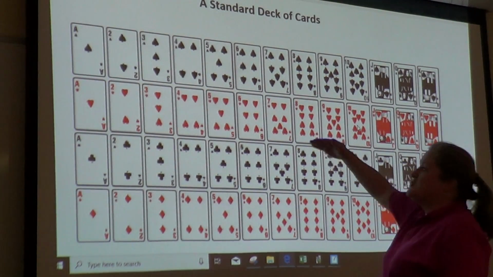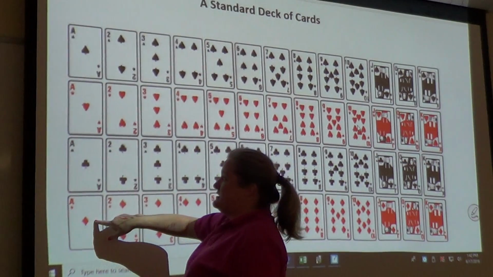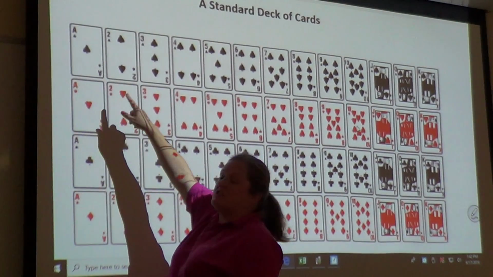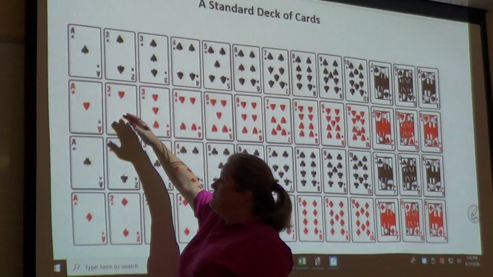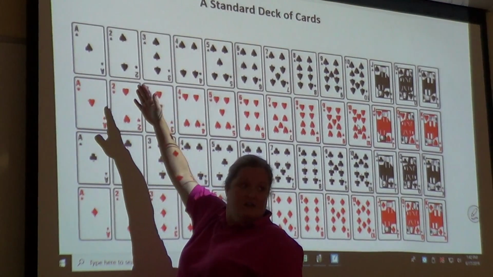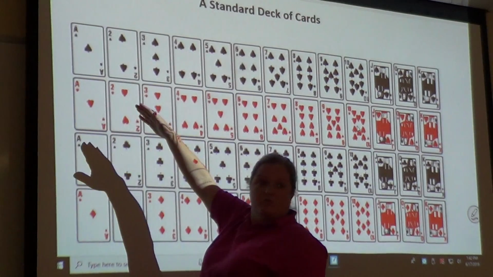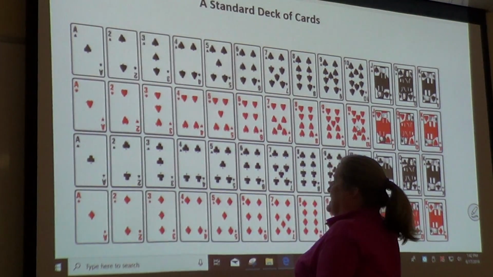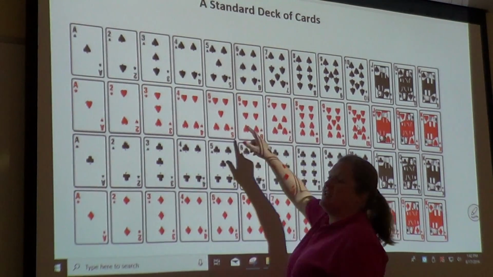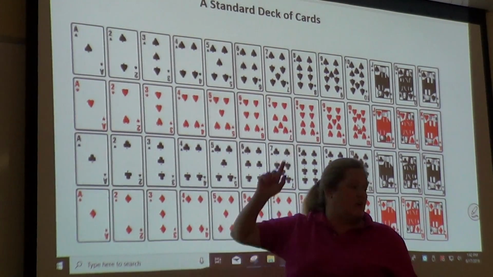It has 4 suits. There's diamonds, clubs, hearts, and spades. Diamonds and hearts are red. Clubs and spades are black. So half of the cards are red, half of the cards are black. There are 13 cards in each suit, okay?